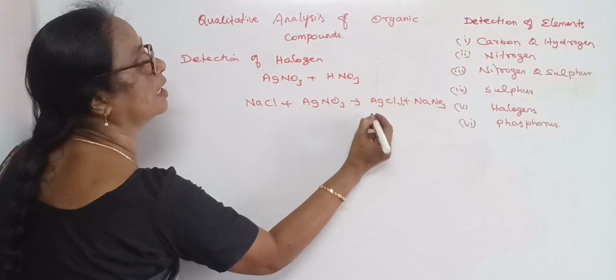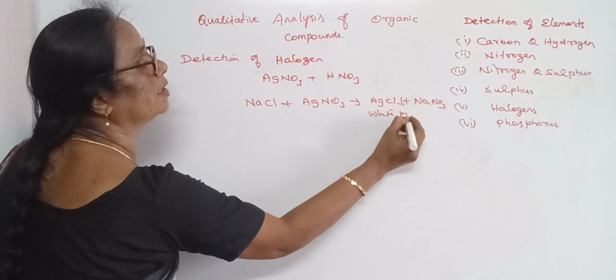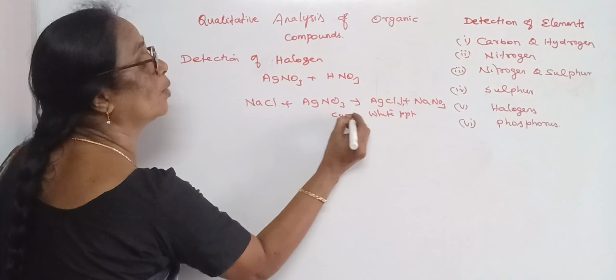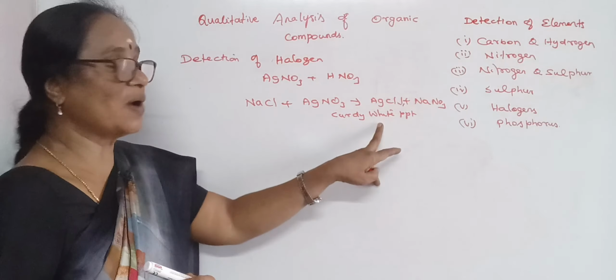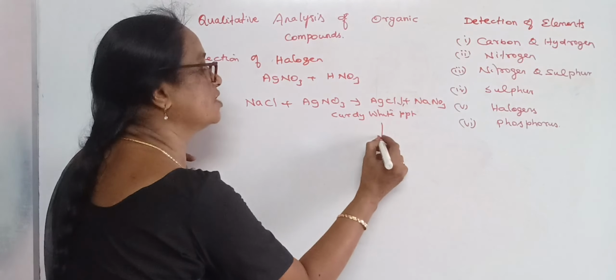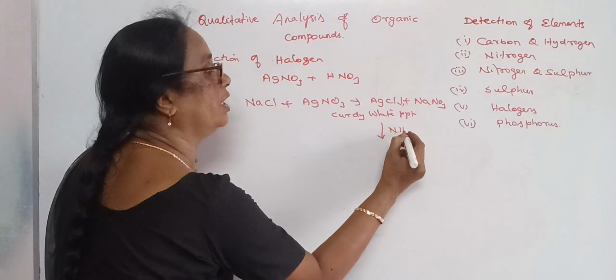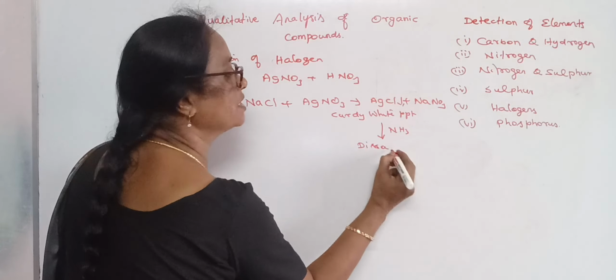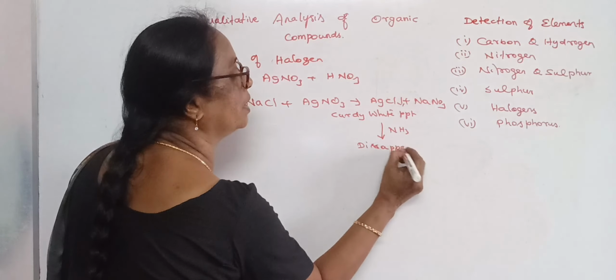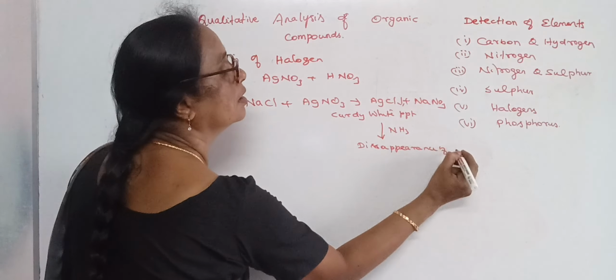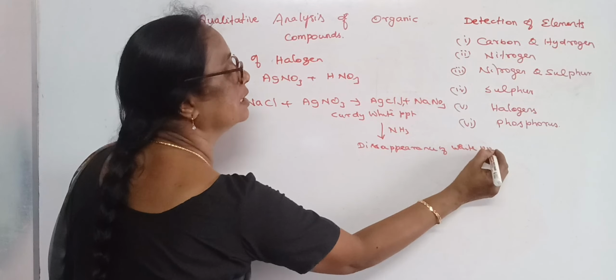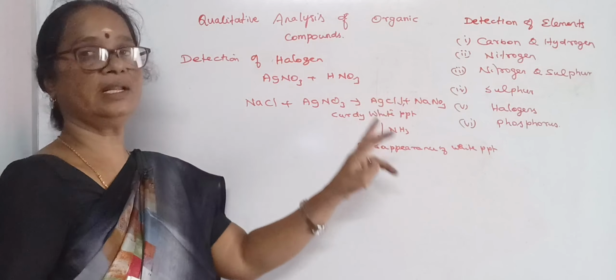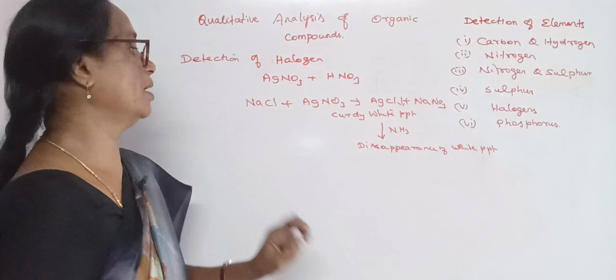This AgCl is a white precipitate. It is a curdy white precipitate. The curdy white precipitate is further treated with ammonia solution, where the disappearance of the white precipitate occurs. That means silver chloride is soluble in ammonia.